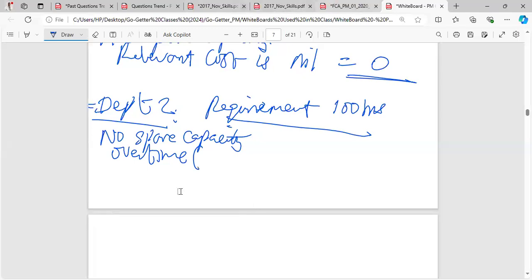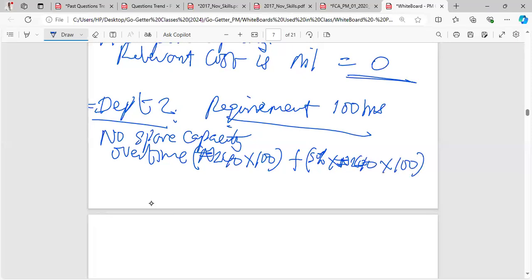What is the normal rate? 240 naira per hour, and we will need 100 hours, plus the overtime premium of 50% of it. 240 times 100 gives us 24,000, plus 12,000, giving us 36,000. This is what overtime will give us.